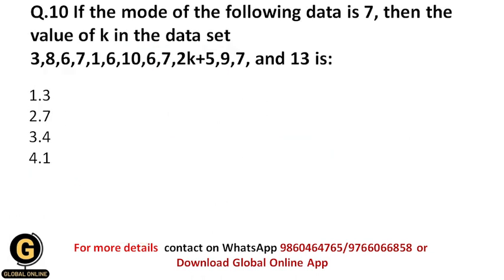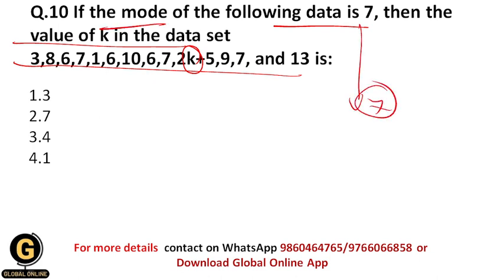Now next is, if the mode of the following data is 7, then find the value of k in the data set. Here they have given you the data set, and we need to find out the value of k, and they have given another piece of information, which is that the value of mode is 7. It means that 7 is the most frequently occurring value in the whole data set.